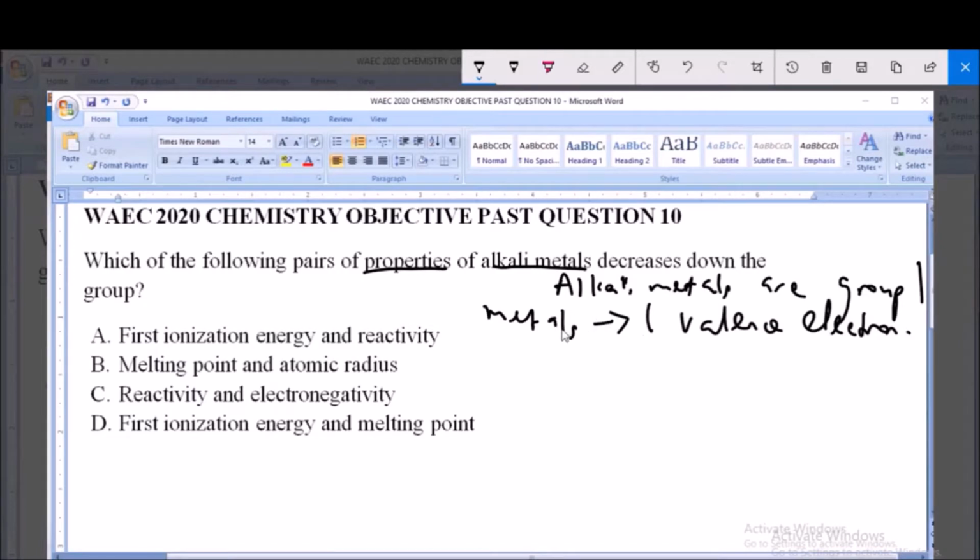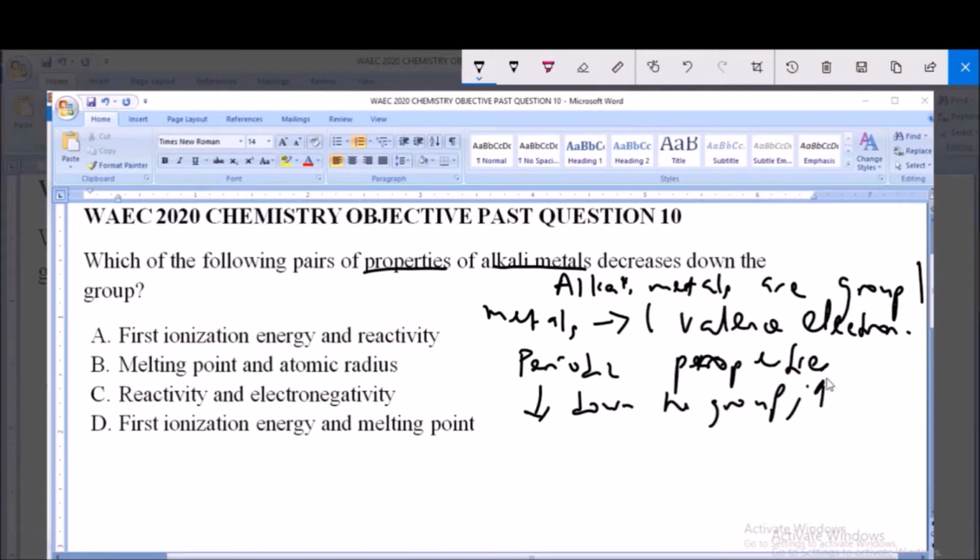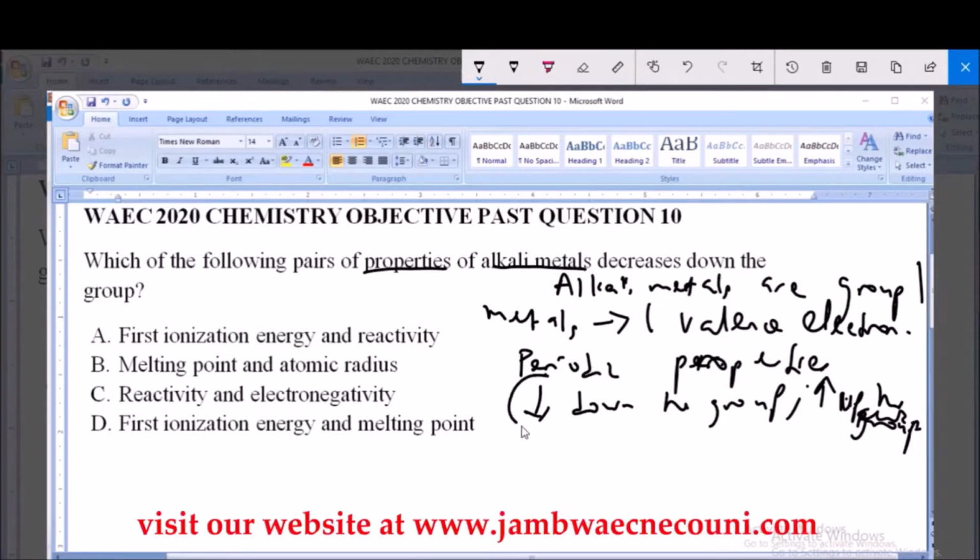Now, according to the periodic properties, there are certain properties that decrease down the group or increase up the group. So that is what we are looking at here. We are looking at the properties that decrease down the group.